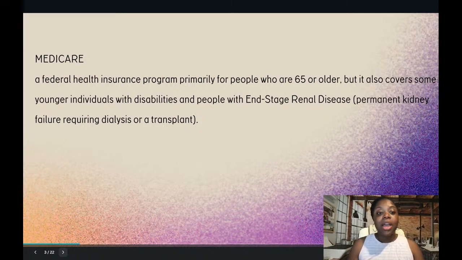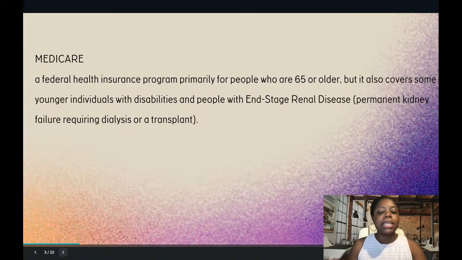There is a caveat here where it also covers some younger individuals that may have disabilities, and people with end stage renal disease, permanent kidney failure, where they may be doing dialysis or getting some type of transplant.